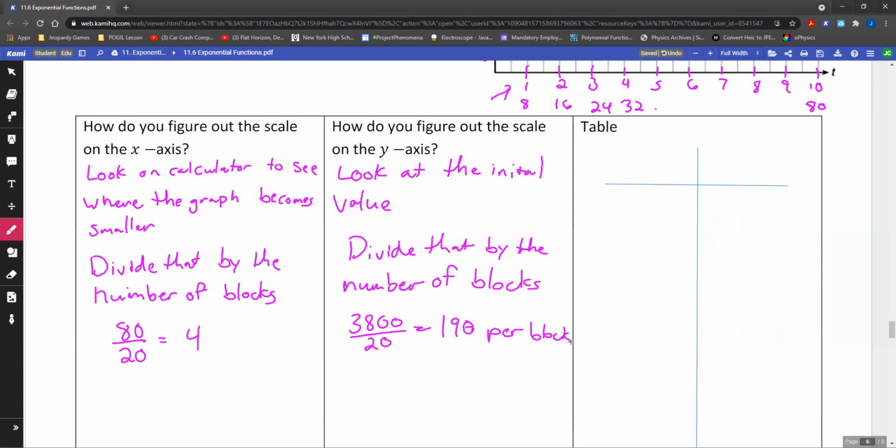So it's always good to make a table. Again, what you probably would have wanted to do, X and Y, 0, 8, 16, 24, 32, going all the way up to there, and then recording the values that you have over on the side.